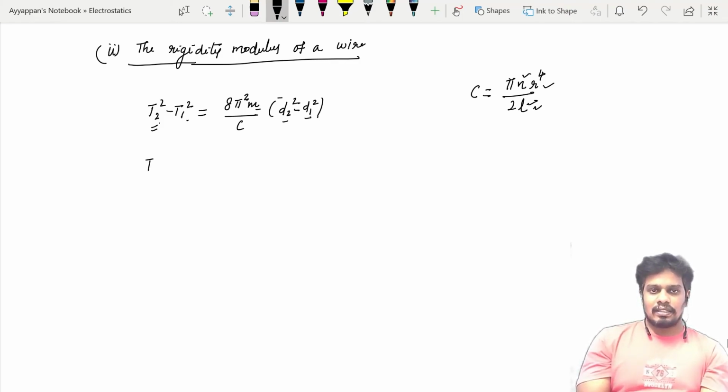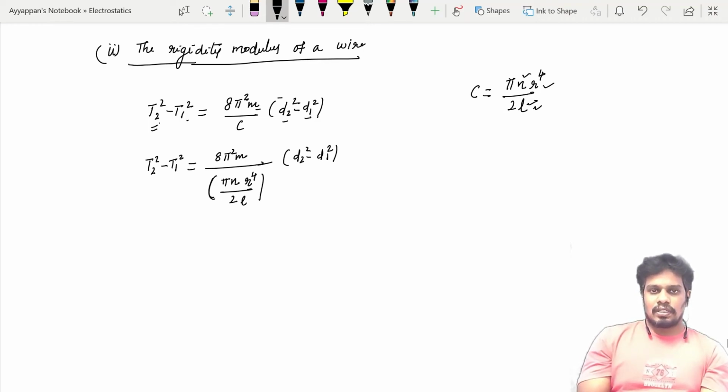So here T2 square minus T1 square is equal to 8 pi square m divided by the couple per unit twist, which is pi n r power 4, the radius of the wire, divided by 2 times L, the length of the wire, times d2 square minus d1 square.